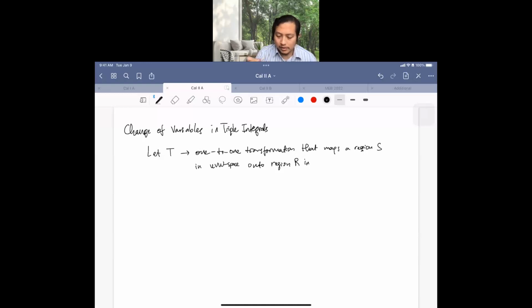Now it's not a plane, it's a space, because it's a triple integral. So we need equations for x as a function of three variables u, v, w, and y is also a function of three variables, and z also the same.